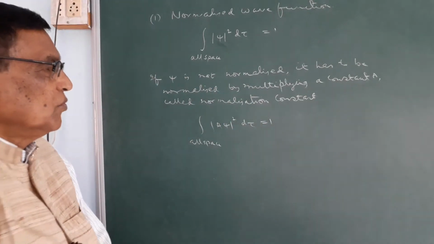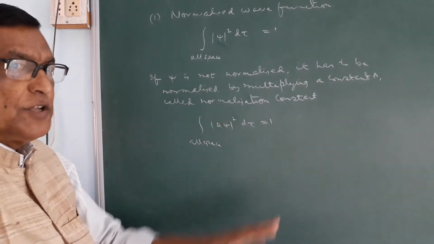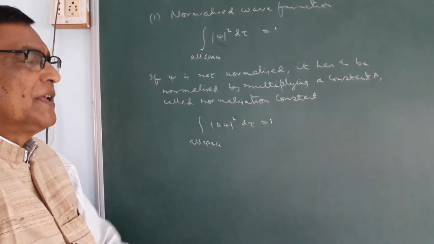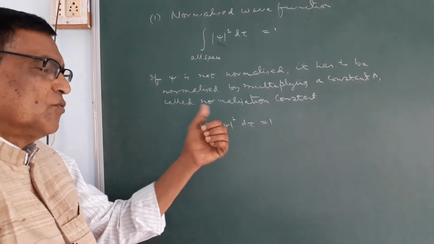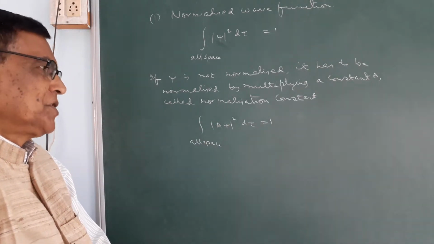And we already know that if psi is a solution of the Schrödinger equation for a system, then A psi will also be a solution of the Schrödinger equation of that system.